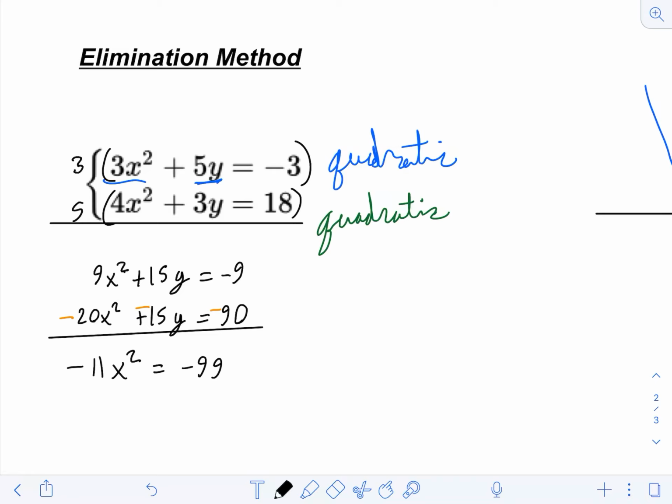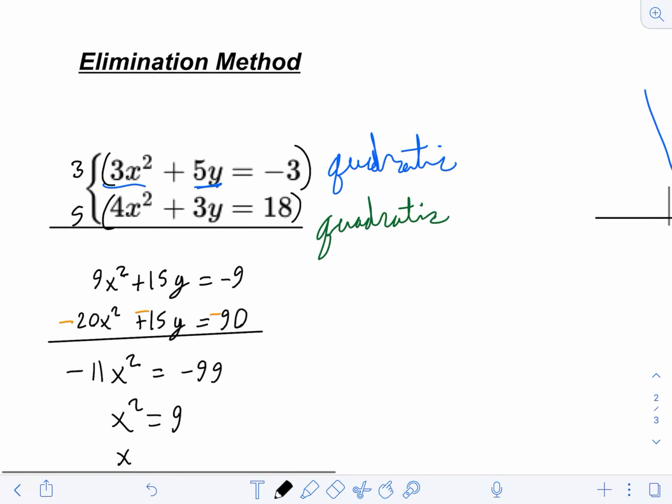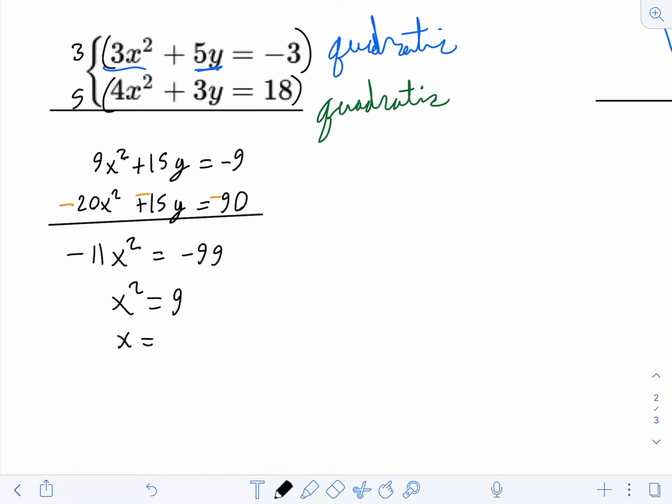Solving for x, divide both sides by negative 11, we end up with x squared equals 9, and so x is equal to positive or negative 3. So x can equal 3 or x equals negative 3. Both of those are correct.